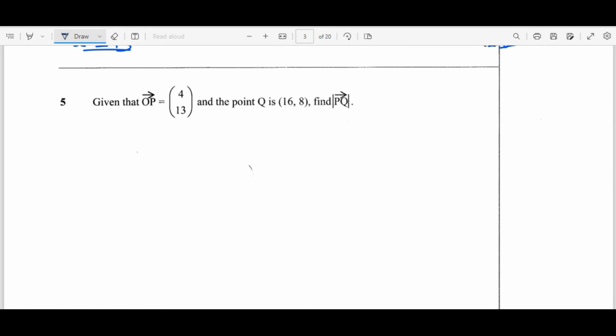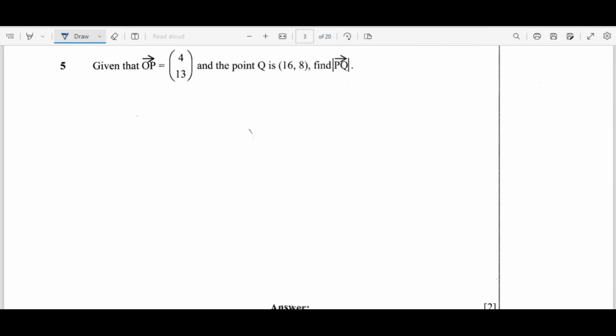Now we have question 5 under the vector. So given that vector OP is equal to (4, 13), and the point Q is (16, 8), find the vector PQ. Now for a question like this one, the best way to get the correct answer, let's draw a diagram, and we're just going to make a triangle.